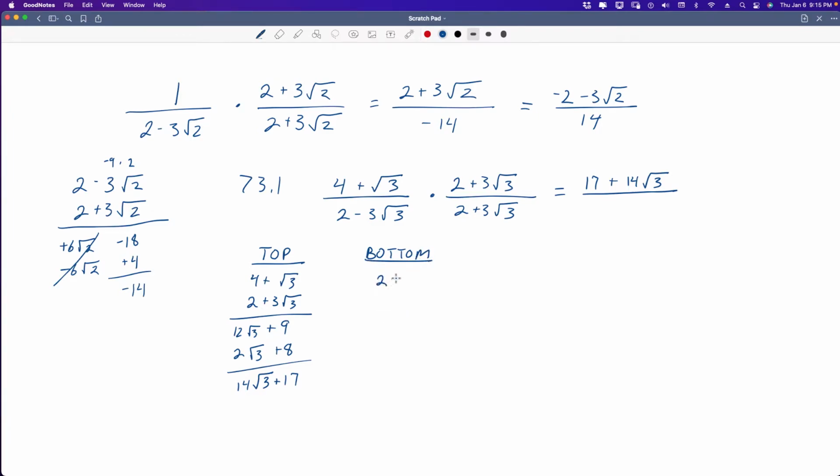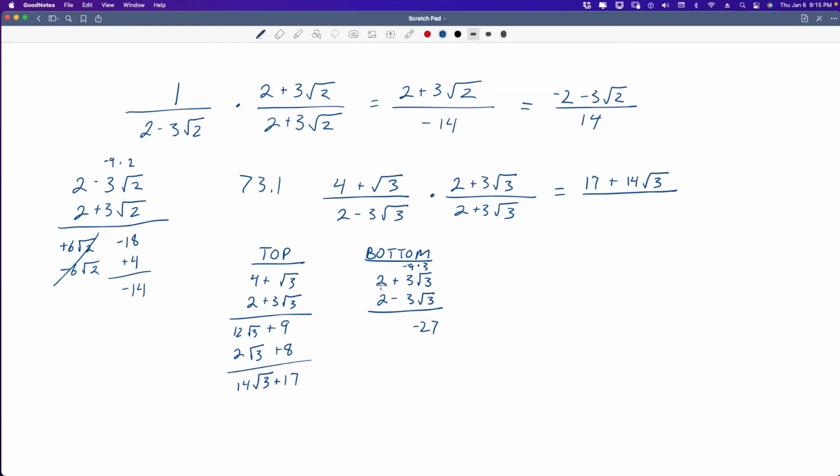So now we have 2 plus 3 times the square root of 3 and 2 minus 3 times the square root of 3. It doesn't matter which one you put on top or the bottom, you're going to get the same answer. All right, so negative 3 times positive 3, that's negative 9. Square root of 3 is square root of 3, that's going to be times 3. So we got a negative 27 happening right there.